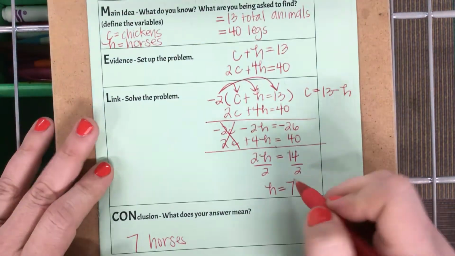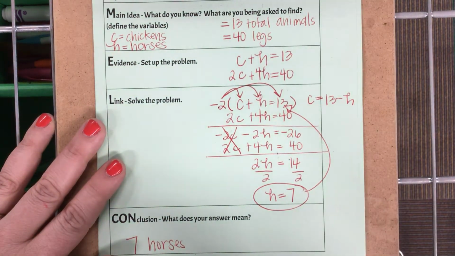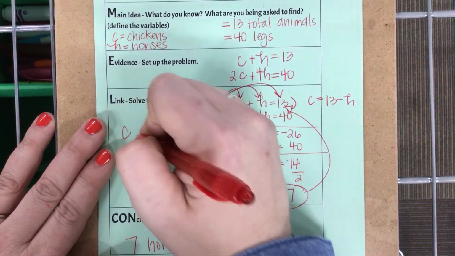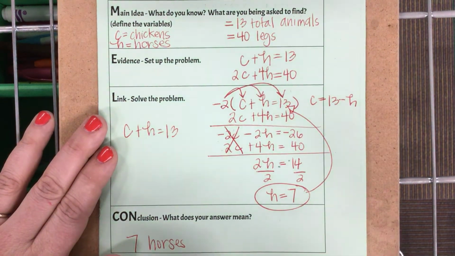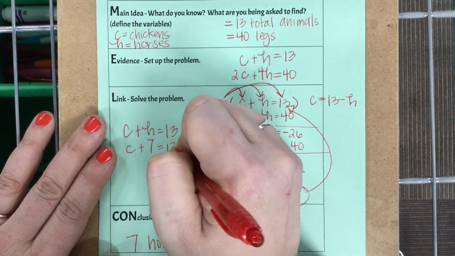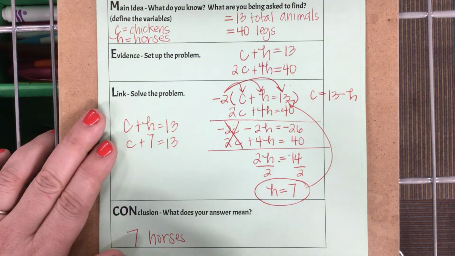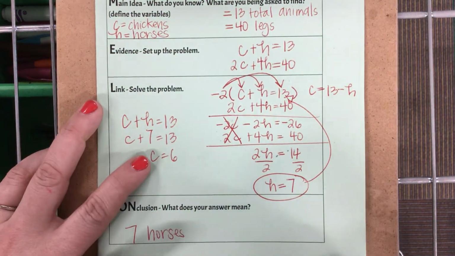13. Because I know there's a total of 13, correct? What does that mean, though?